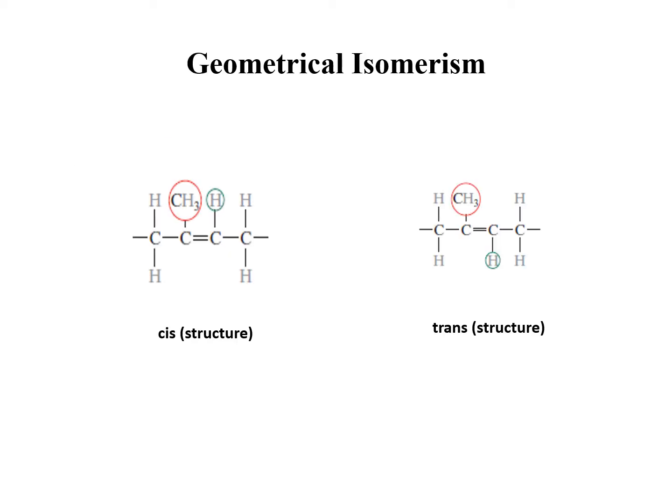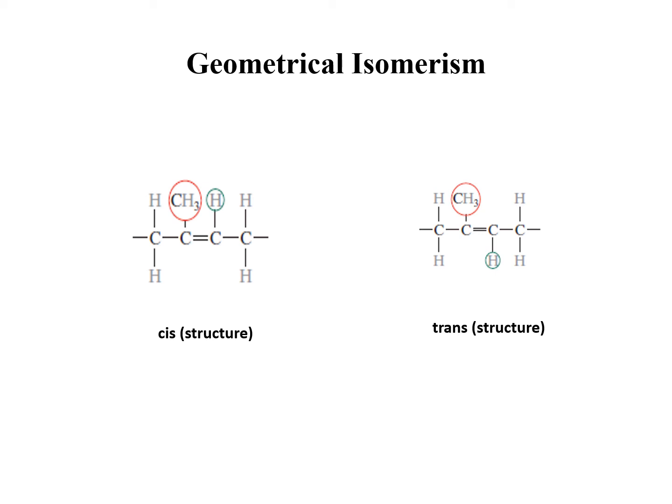Stereoisomerism occurs when there are single bonds between the carbon atoms, but when there are double bonds between the carbon atoms, another possible chain configuration arises, which is called geometrical isomerism.